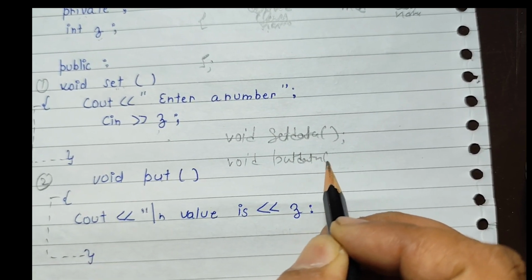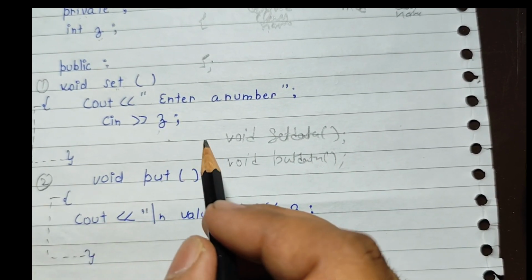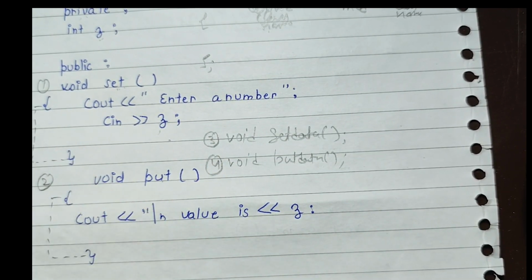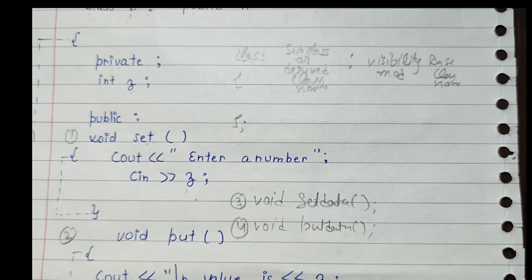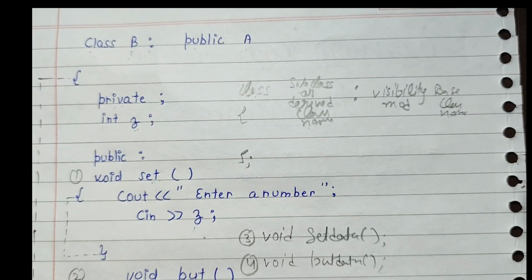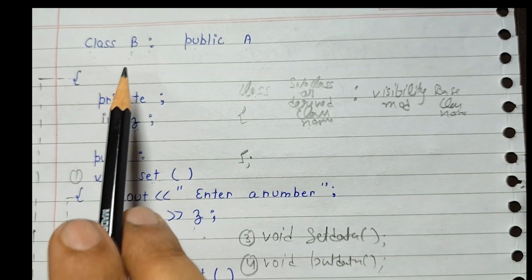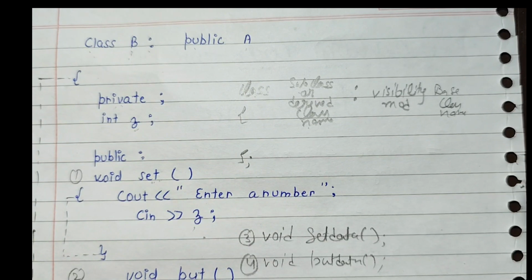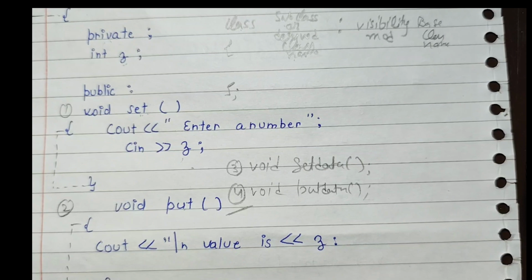Put data member function is also shifted from the base class. So third and fourth member functions. So basically, by implementing the inheritance, set data and put data member functions are shifted to the derived class. Now it means this derived class has four member functions. Okay, total 4 member functions we have here.